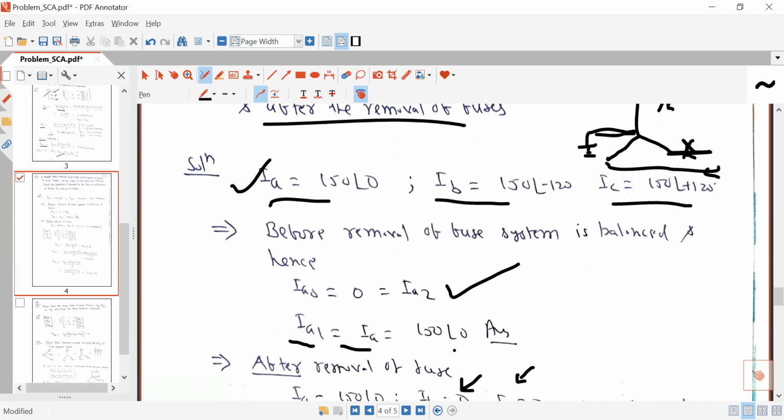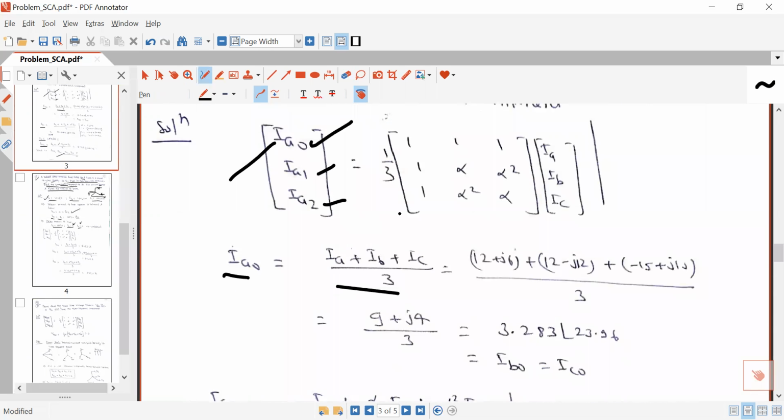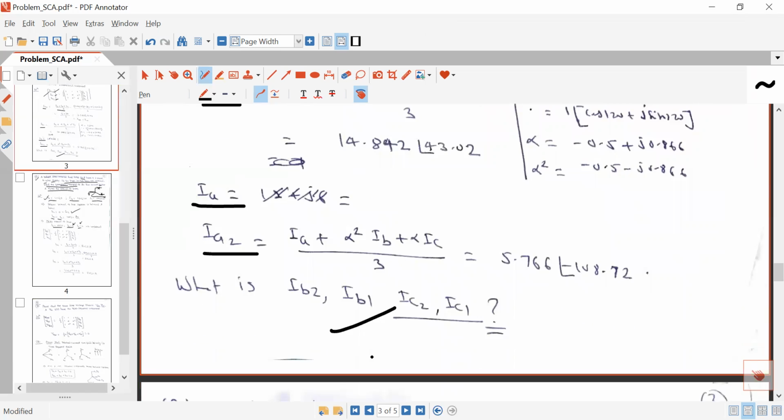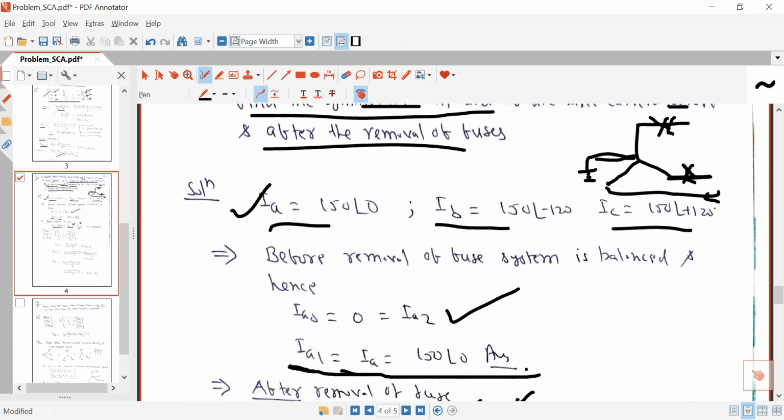I have derived this relationship in the previous lecture, so you just go through that video. Otherwise, using the analysis equation, you put the values of IA, IB, IC here, and you will get the same result for a balanced system.